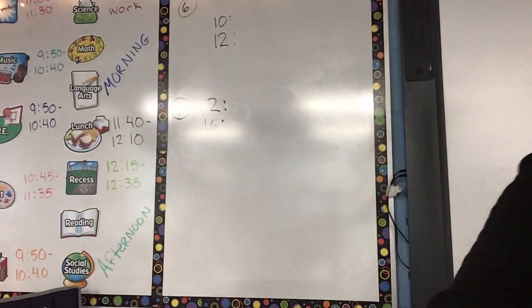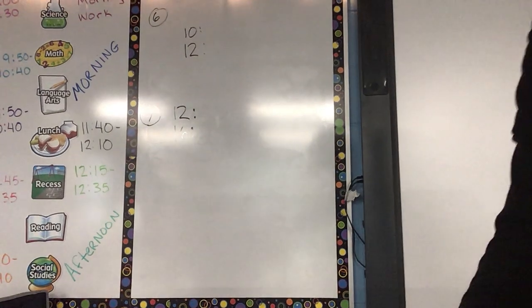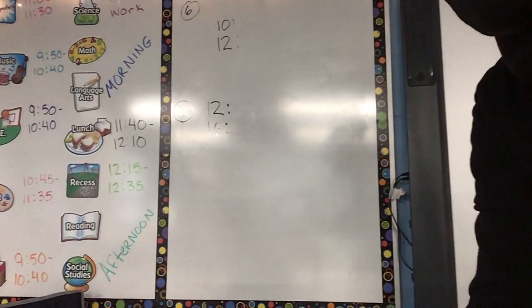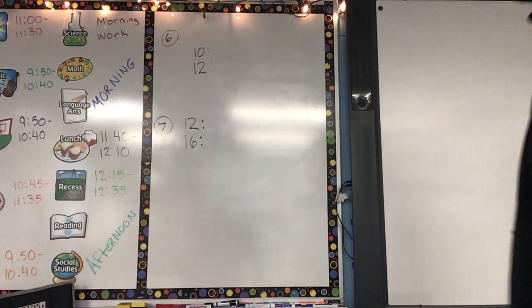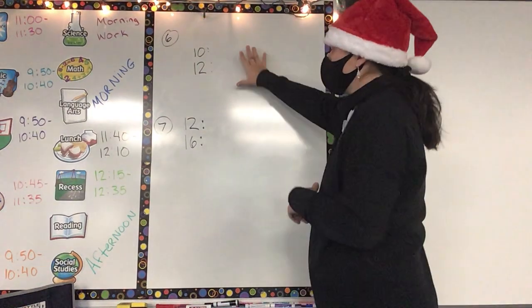All right, number 6 and 7 in your math notebook. I got a glare here. There we go. Number 6, you are finding the LCM of 10 and 12.